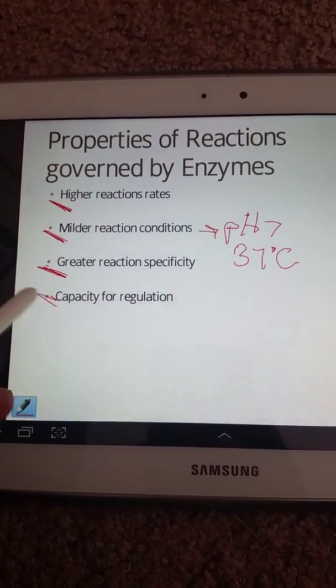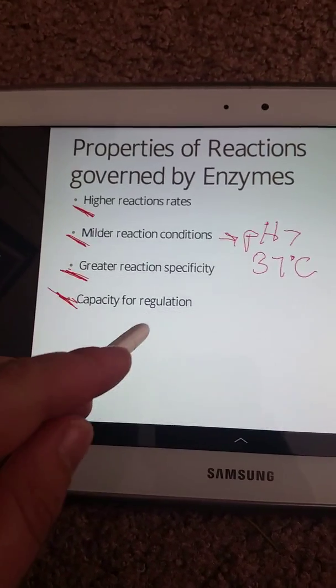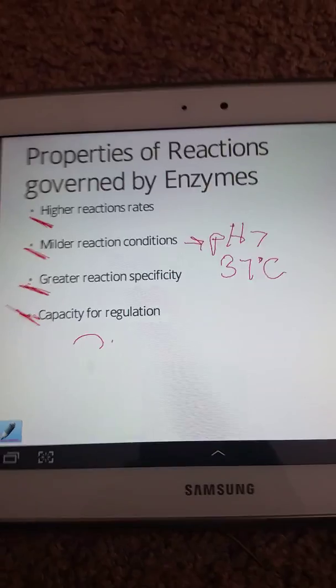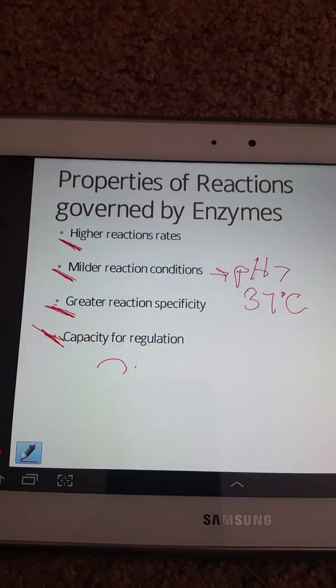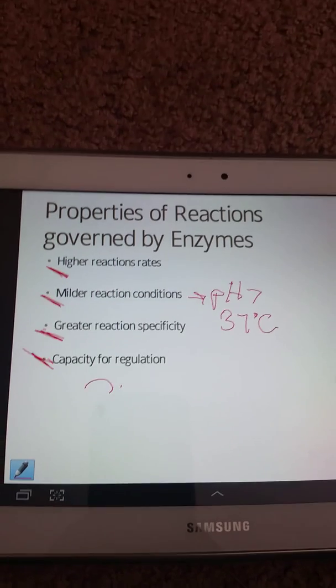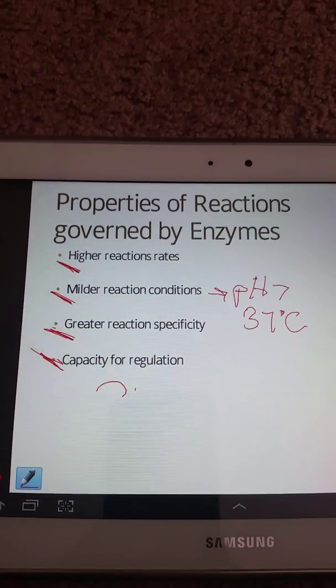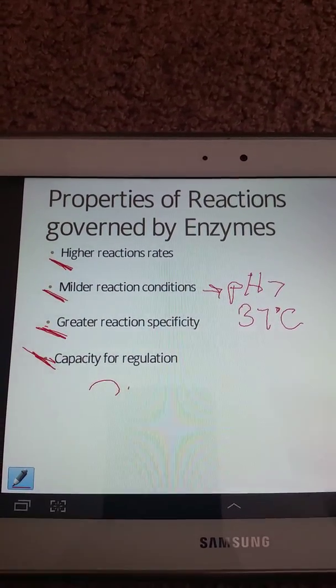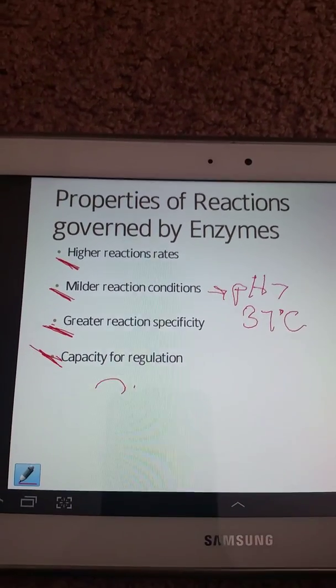And they also provide a capacity for regulation. We can block enzymes, or we can bind co-substrates to enzymes to help encourage more of the enzymatic reaction, or use inhibitors to block the enzymatic reaction. So the body can utilize these properties of enzymes in order to either spur reactions forward or halt reactions.